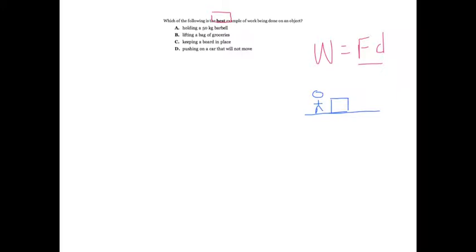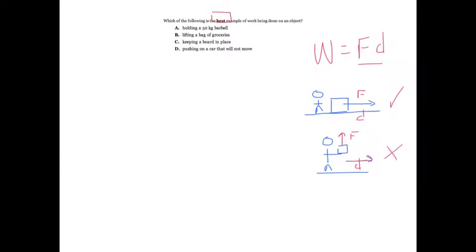So if this guy pushes an object that way, he's applying force to the right, it's moving to the right, work is done. But if this same guy was carrying this in that direction, in order to carry something, he has to apply force up. But distance is to the side. In this instance, work is not done.